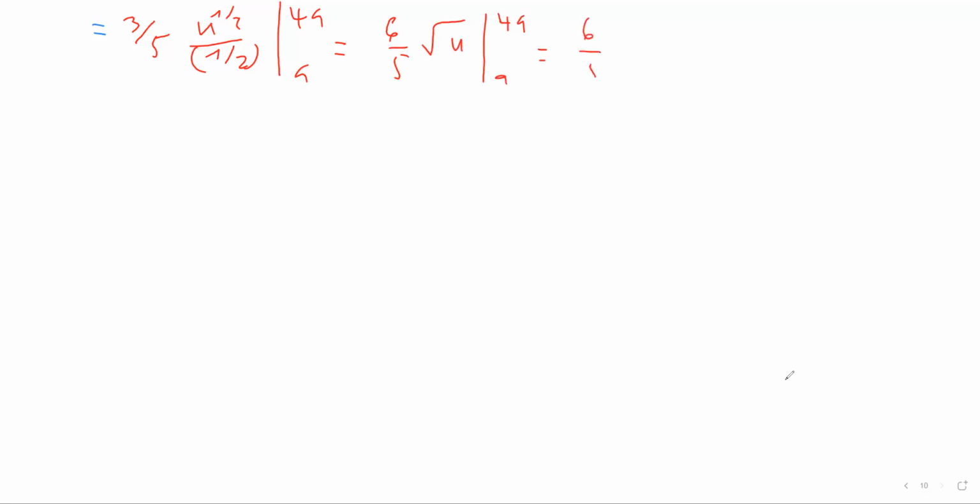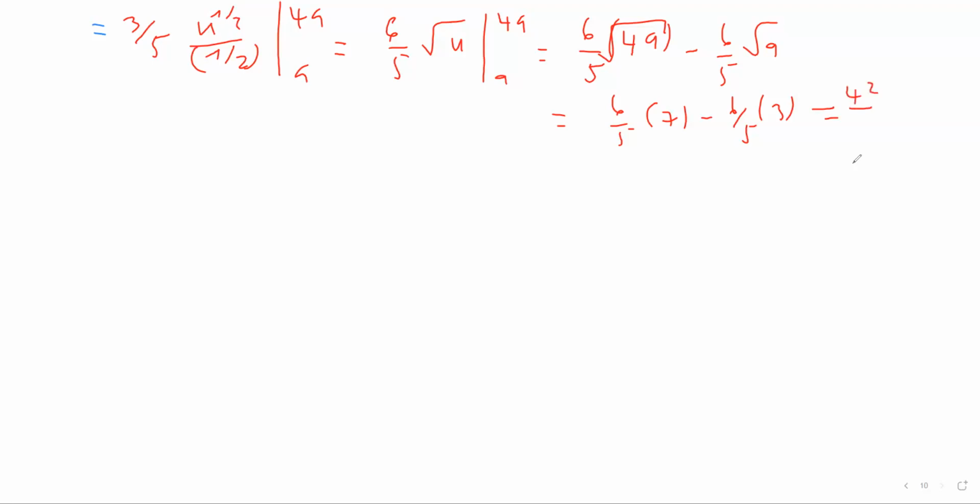And this is 6 over 5 square root of 49 minus 6 over 5 square root of 9. So this is 6 over 5 times 7, since square root of 49 is 7, minus 6 over 5 times 3, since square root of 9 is 3. And this will give us 42 over 5 minus 18 over 5, and this is 24 over 5.